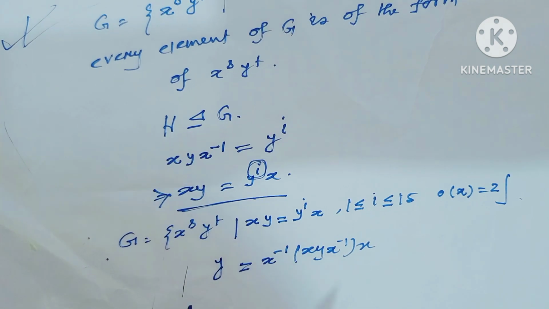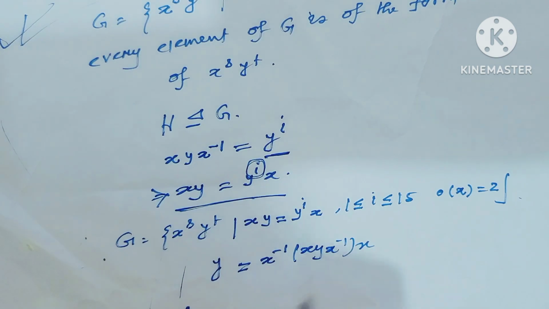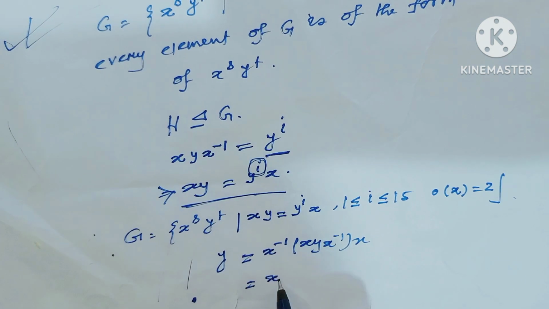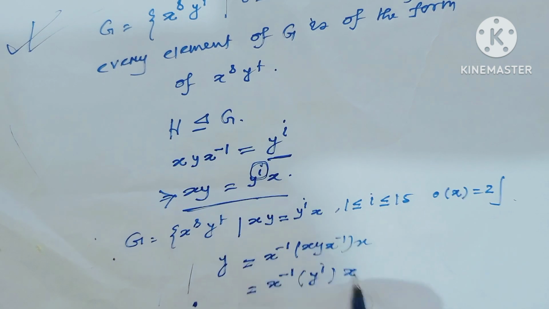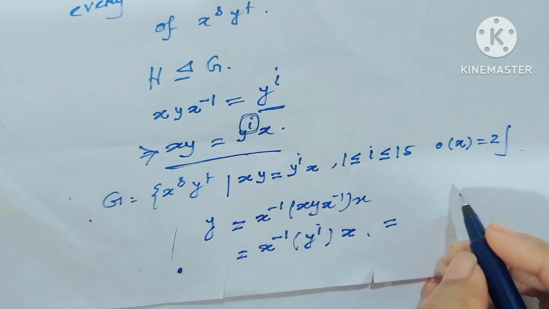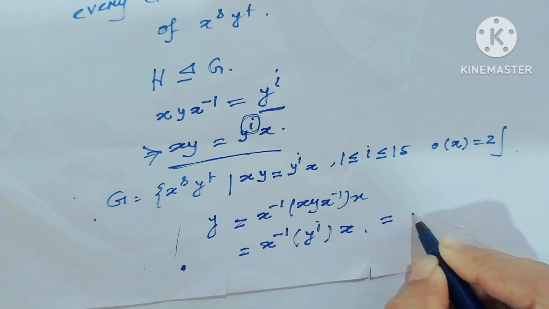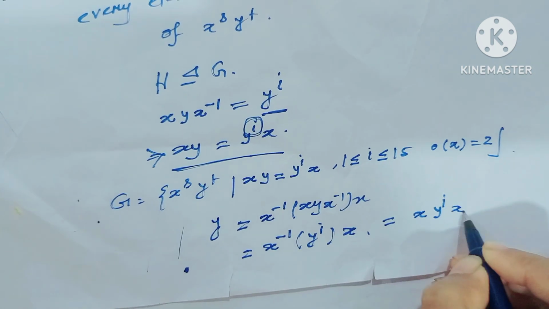So this is xyx^-1 means y to the power i. So this value would be x^-1 y^i x, and that implies this is x y y^i x^-1.